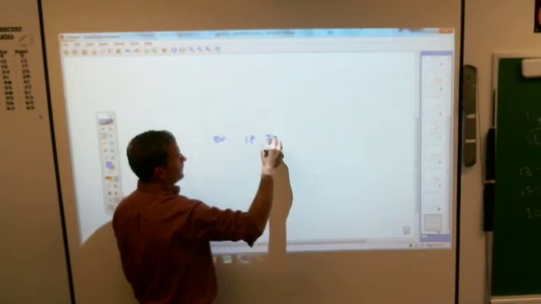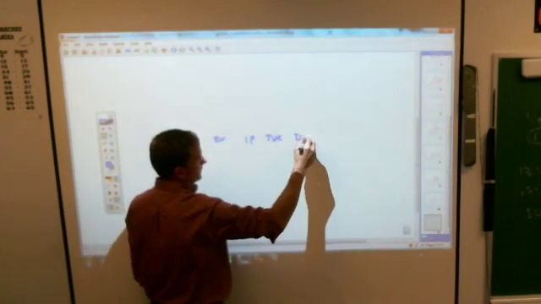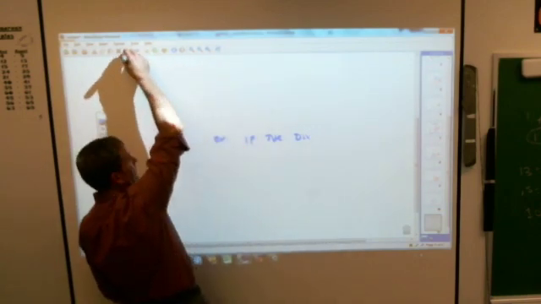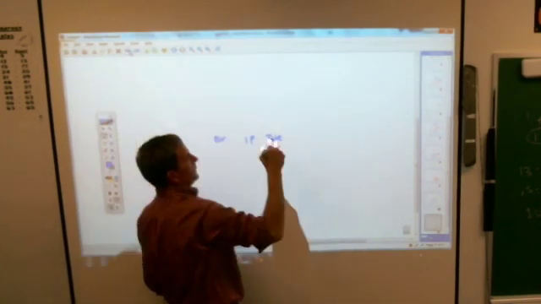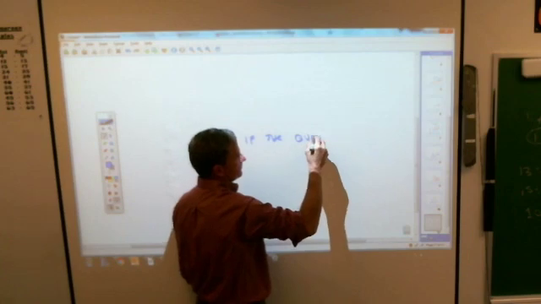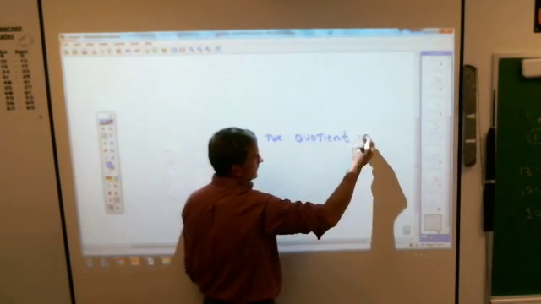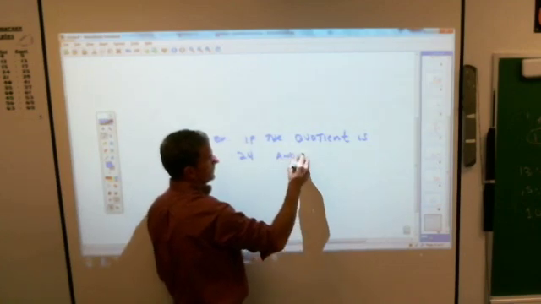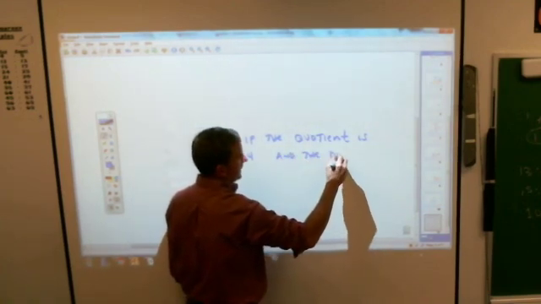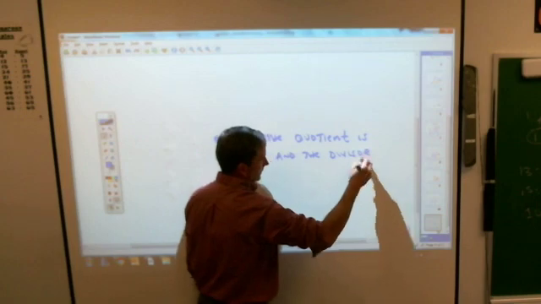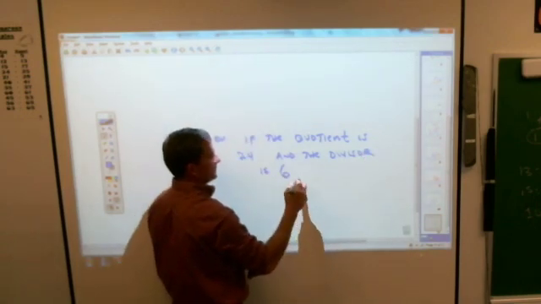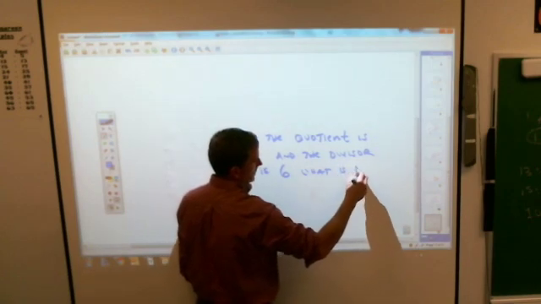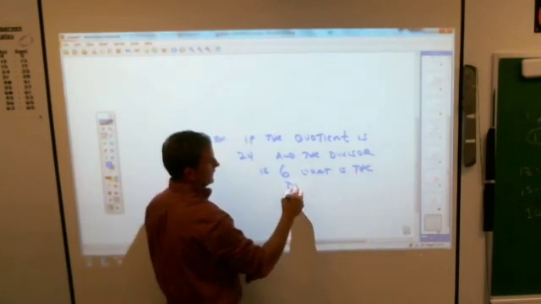If the quotient is 24 and the divisor is 6, what is the dividend?